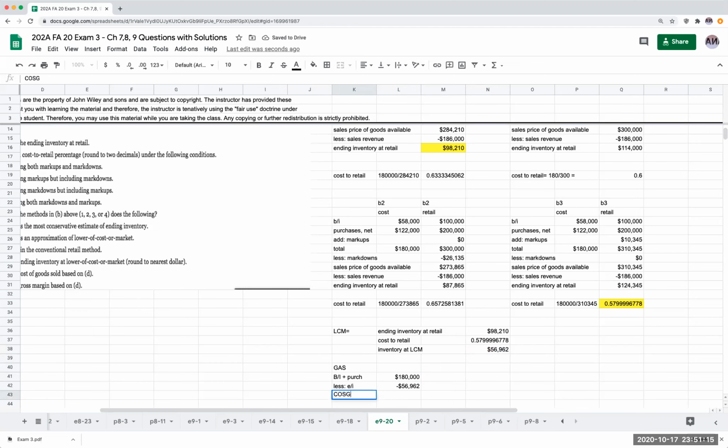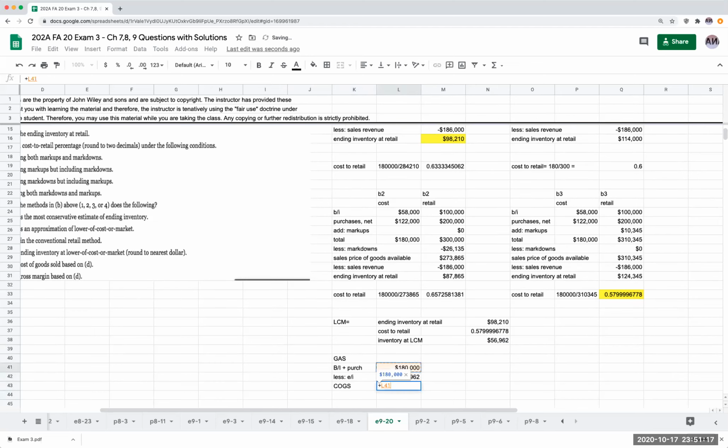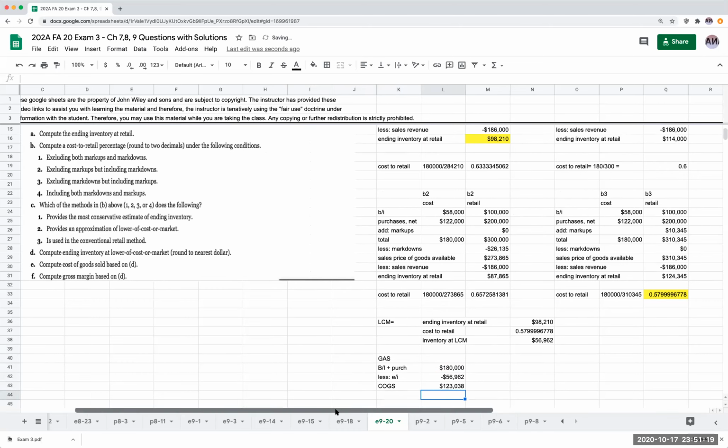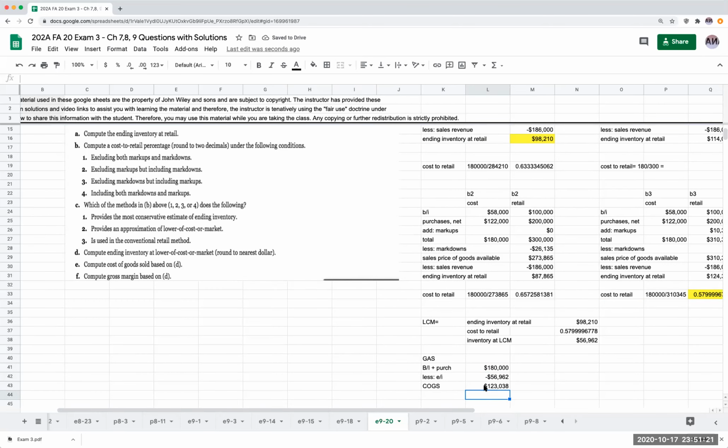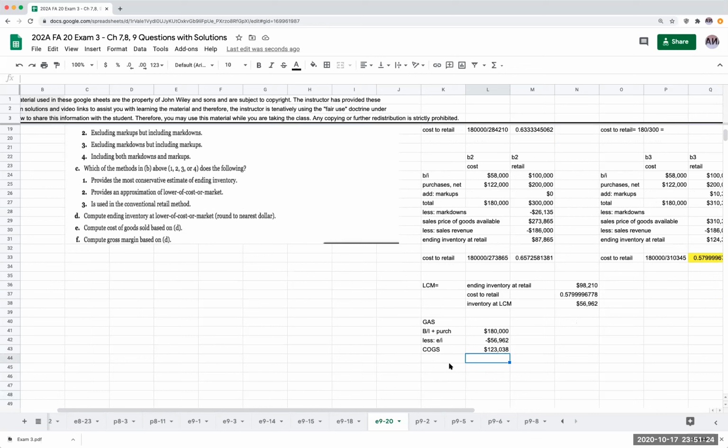So my cost of goods sold is going to be 123,038.